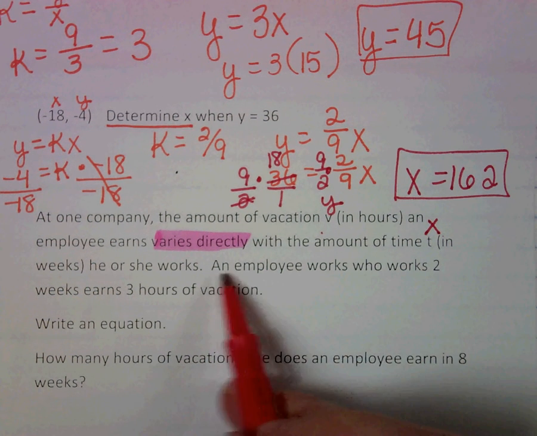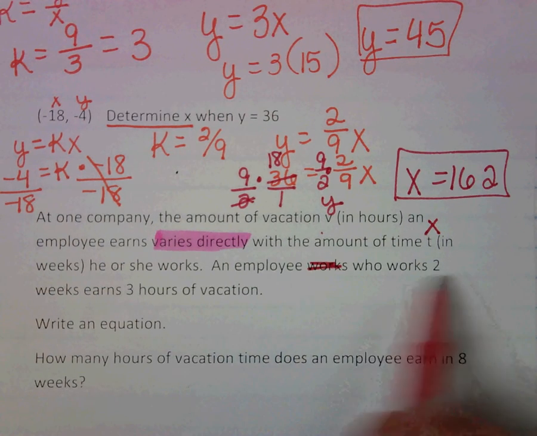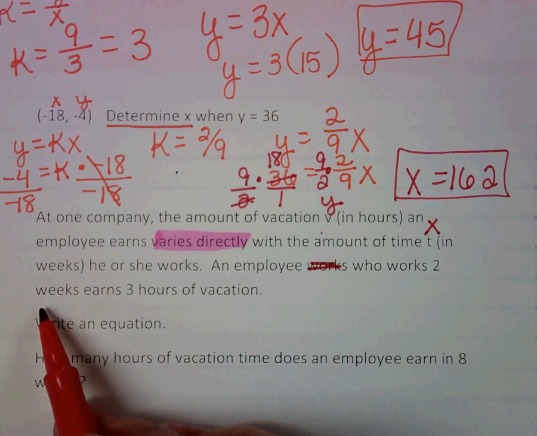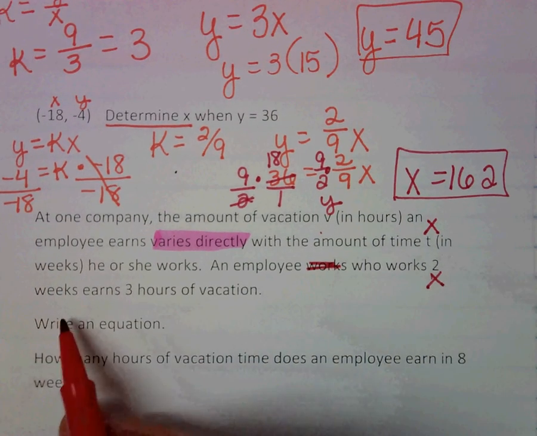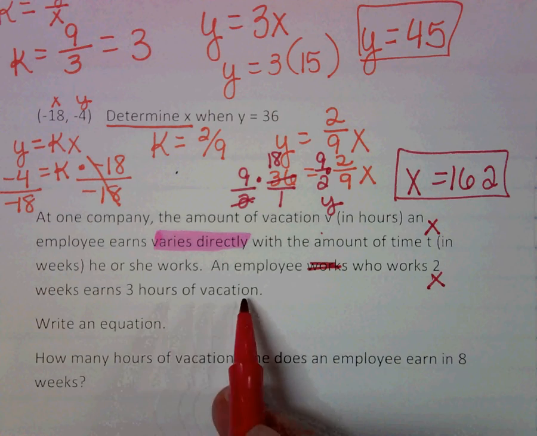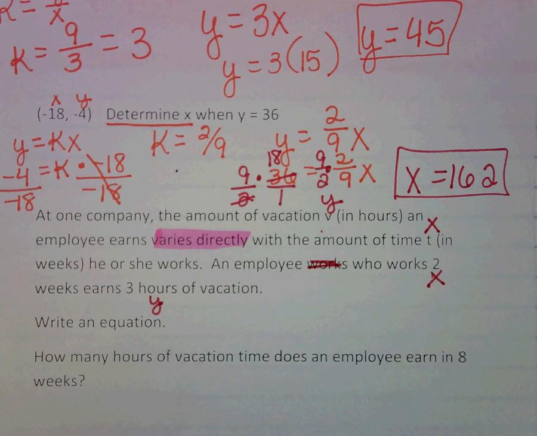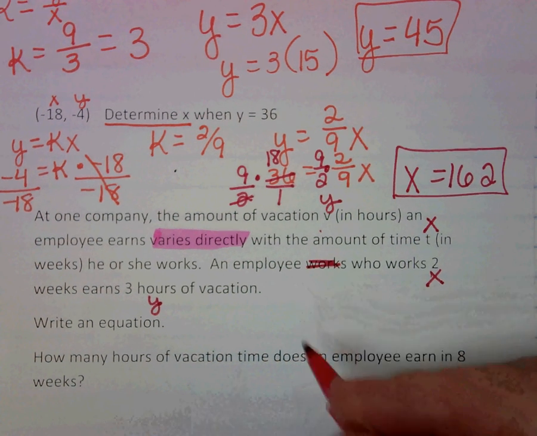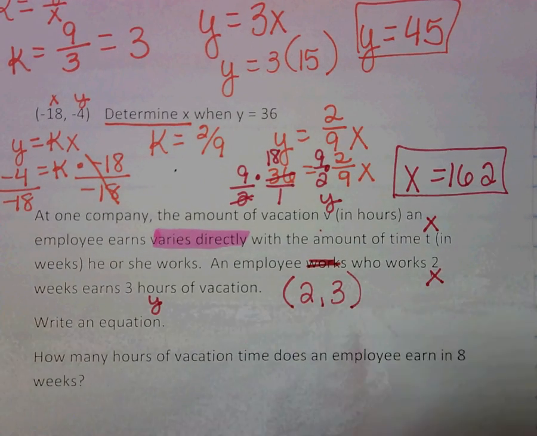So it says an employee who works 2 weeks, so let's go look back. Weeks is my x, earns 3 hours of vacation. And so that is my y. Really, really helpful to label what we're talking about. Yes, we need to write our equation using V and T, but when I think about the given information, I need to make sure I know what goes where.